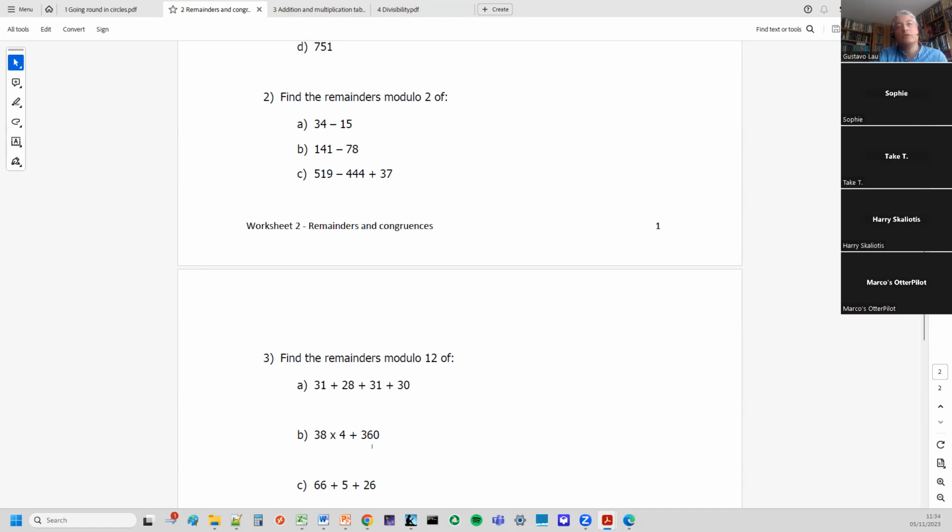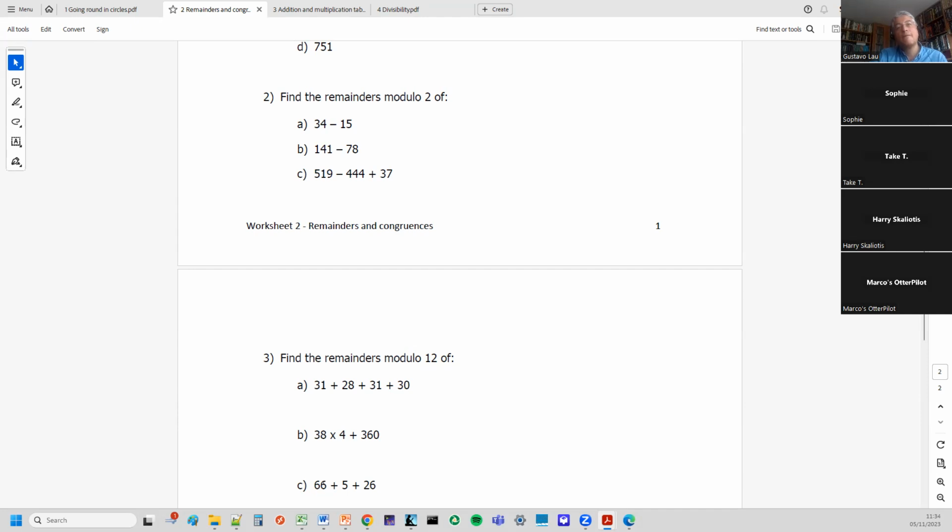And then what about this one? 30. So that would be a remainder of 6. But is this a multiple of 12, or what is the remainder of this one when you divide it? 0. So this one is 0 modulo 12, and here you get 2 times 4, which is 8. That's all.